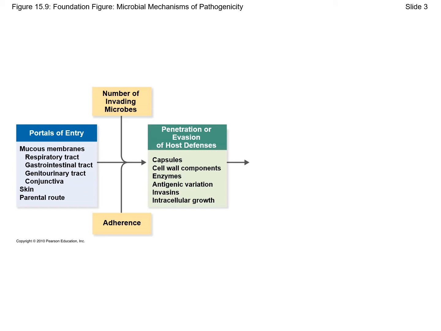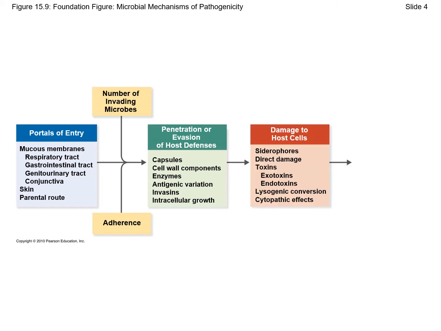Then those microbes have to evade the person's defenses. Once all of that is done, then the microbe can start causing damage to the host cells, which results in the actual disease. And the last stage is that the microbe has to leave by the portal of exit.